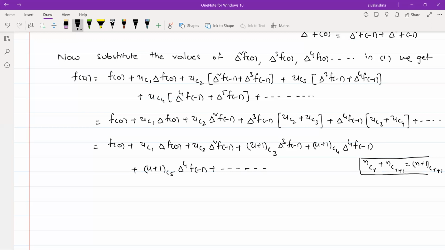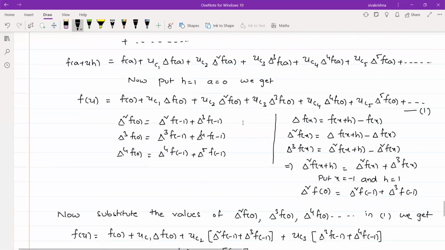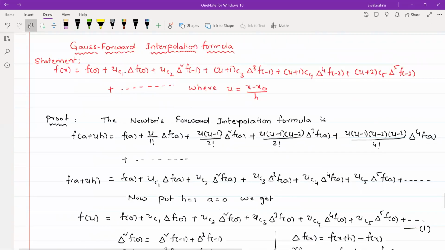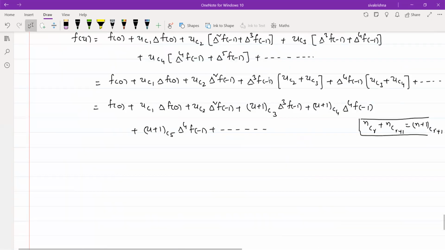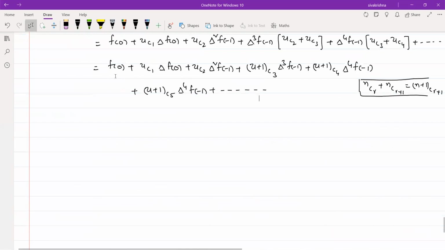Okay, so if we observe this step in the Gauss forward interpolation formula, the first terms are f of 0 plus uc1 delta f of 0, uc2 delta square f of minus 1, u plus 1 c3 delta cube f of minus 1. So up to the fourth term we have obtained the same value in this step.